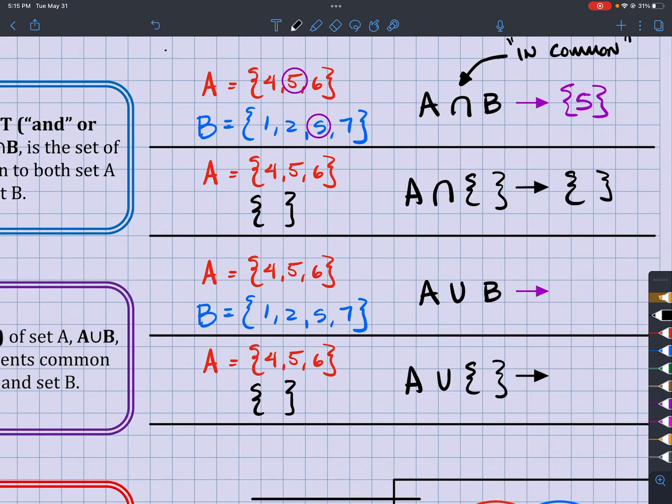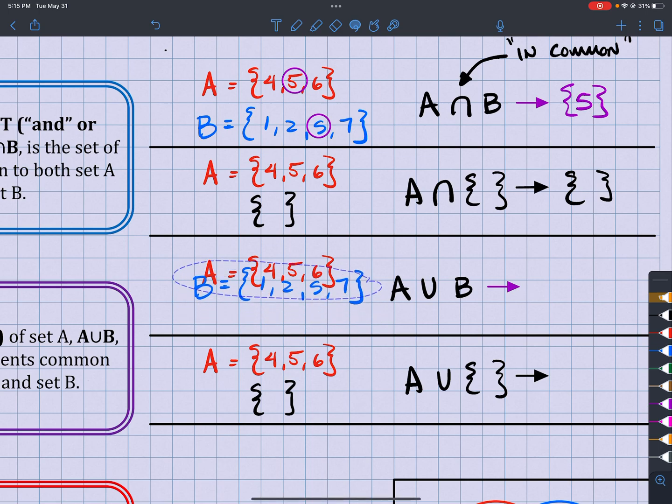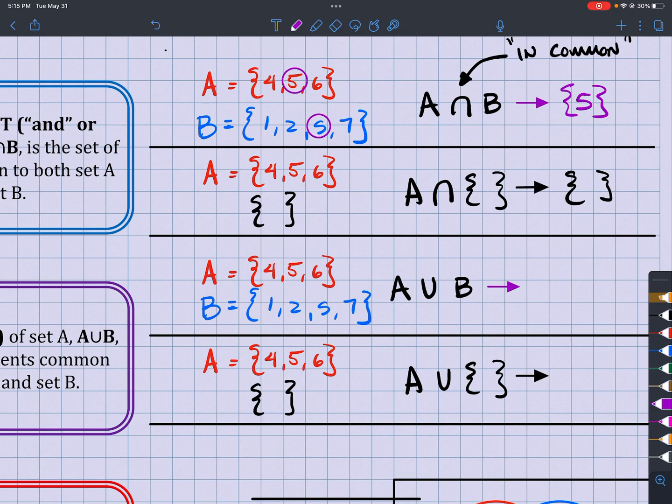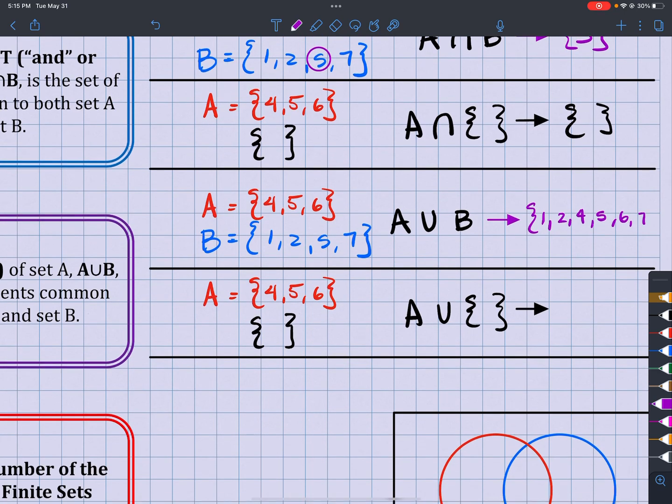A union, as I said to you before, is like a marriage, right? So in other words, I am taking this and I'm putting it together with A. So everything goes, right? We're literally just putting everything together. So what do I have when I union them? I'm going to have the 1, the 2, no 3 because neither of them have 3. One of them has 4, both of them have 5, one of them has 6, and one of them has 7. So 1, 2, 4, 5, 6, 7.